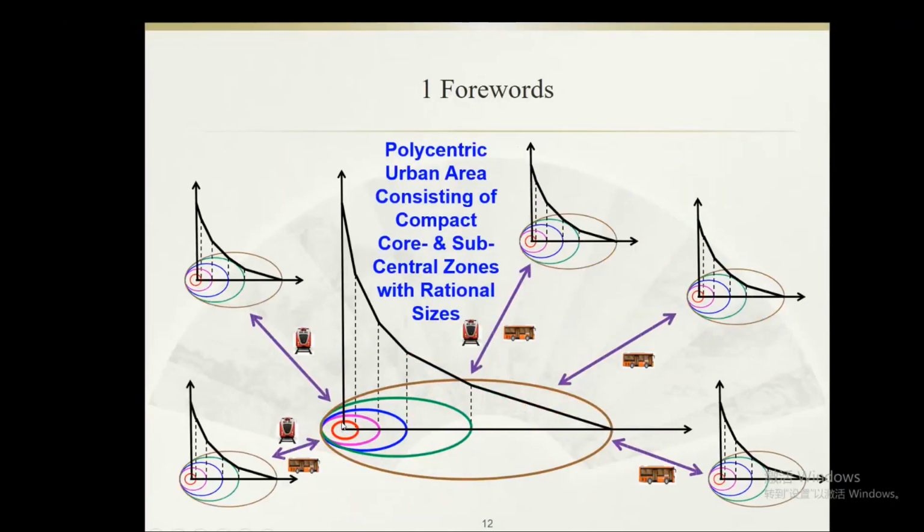This polycentric urban area consists of a compact core and subcentral zones with rational sizes. This urban form is regarded as the most sustainable urban form, and railway plays the main role to sustain it. Okay?